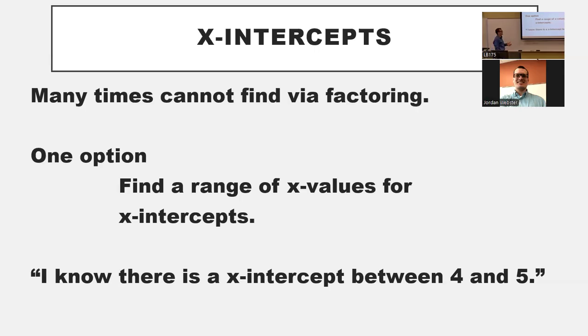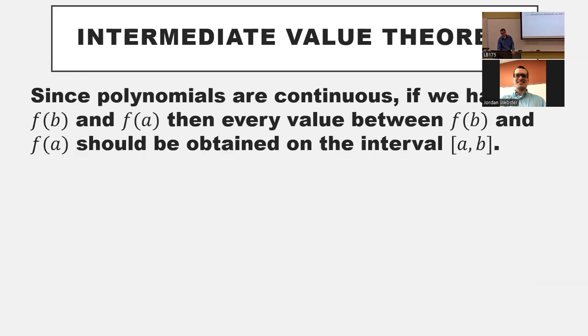So we can find a range of x values for our x-intercepts. We can say, I know that there's some x-intercept which has an x value between 4 and 5, instead of saying I know it's precisely at 4.5. And the way we do that is we utilize what's called the intermediate value theorem.